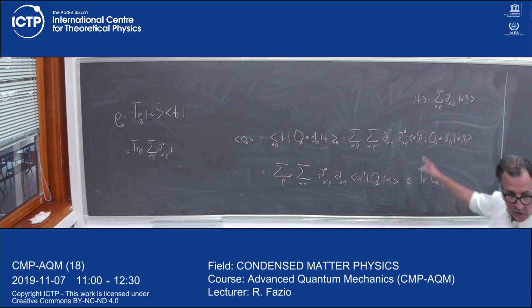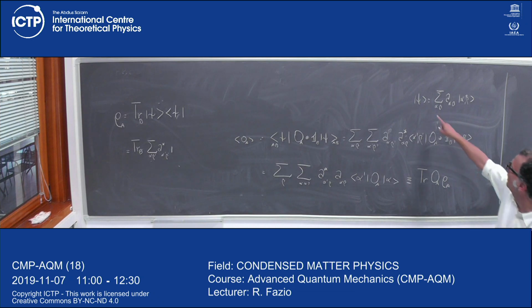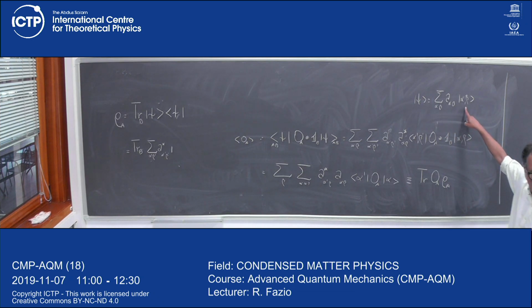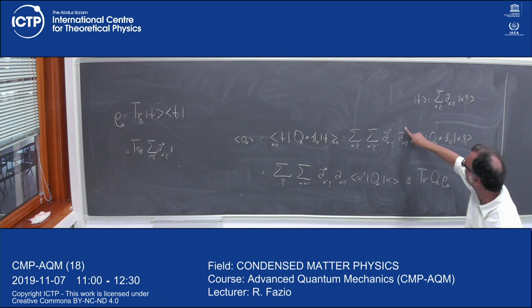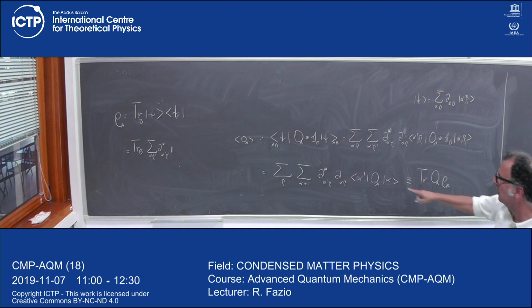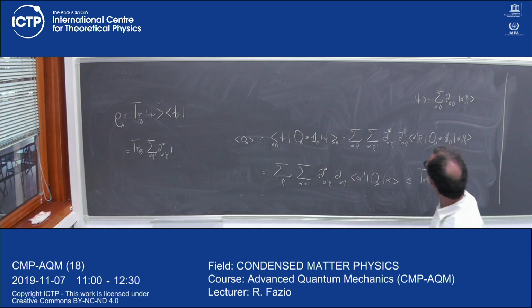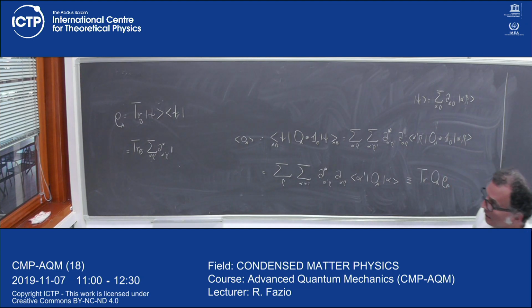So I define the state psi in this way, okay? So if I just do this, then this should be alpha beta, and this should be, no, it's correct, sorry. It's correct.